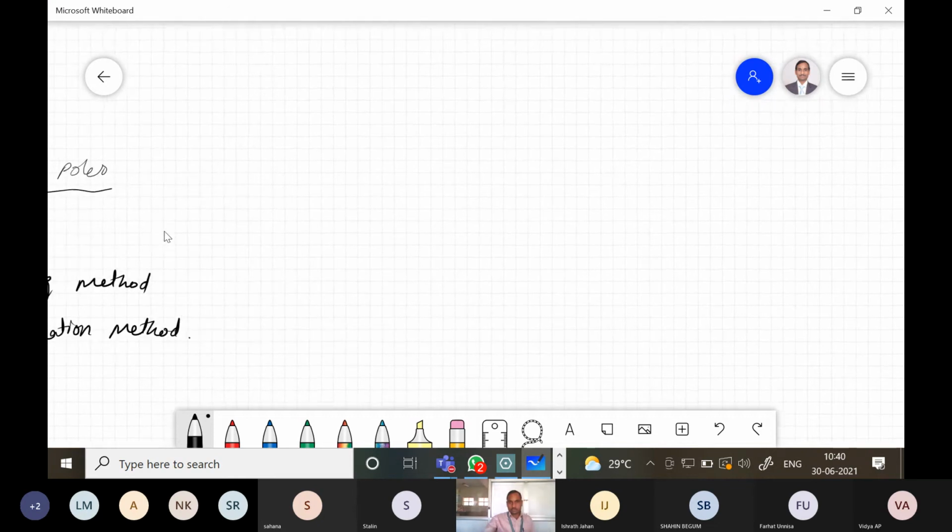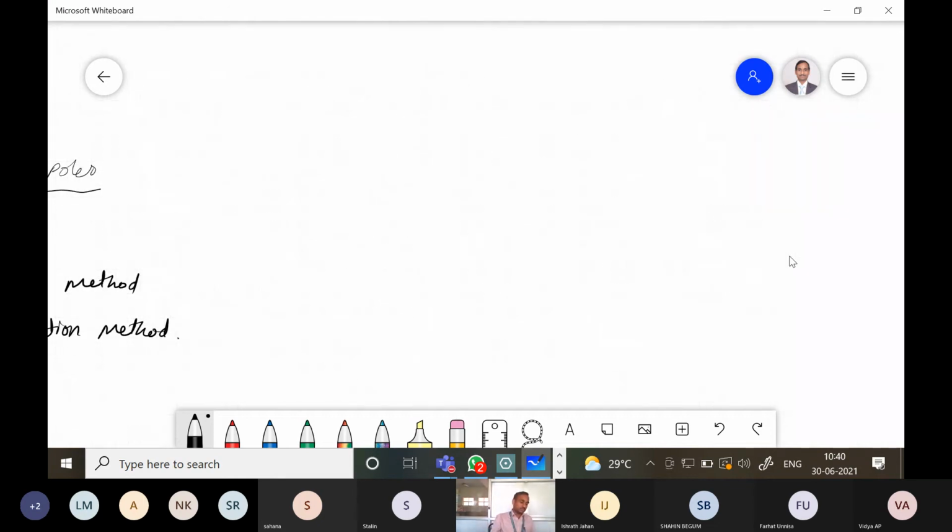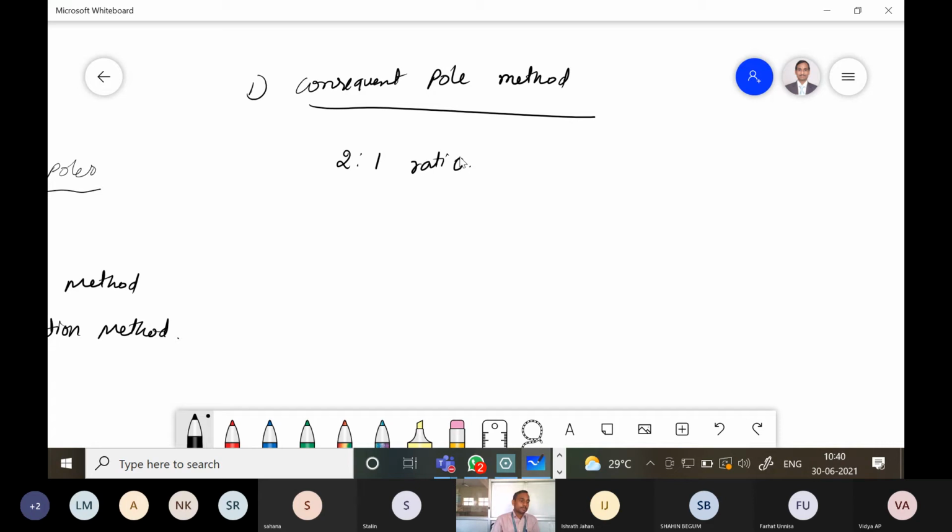Consequent pole method means the number of stator poles can be changed in the ratio of 2:1. Here the stator poles of the induction motor can be changed in a 2:1 ratio by simply changing the coil connection.